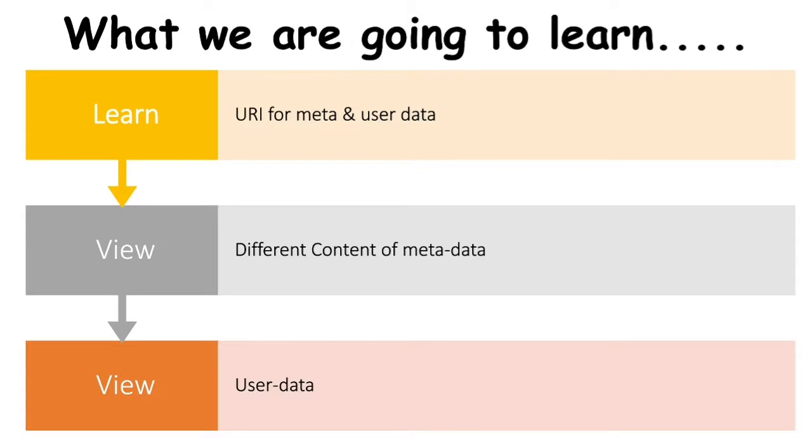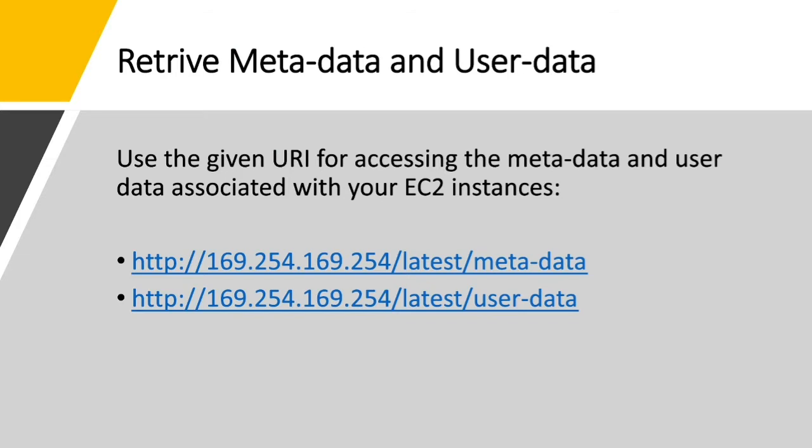So that is the small introduction of what metadata and user data are all about, and let us see what we are going to learn through this video. Here we will be learning the URI with the help of which we retrieve the user data and the metadata associated with our EC2 instances. Then we will be visualizing both. So that will be a very short and sweet video. And this is something very important that you should always remember.